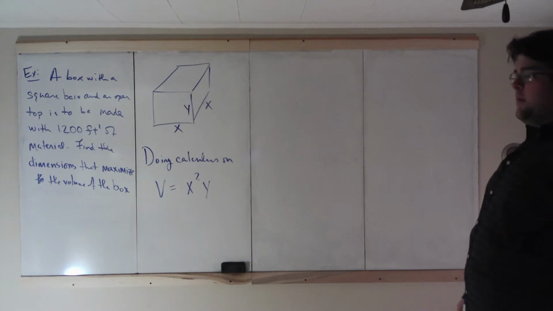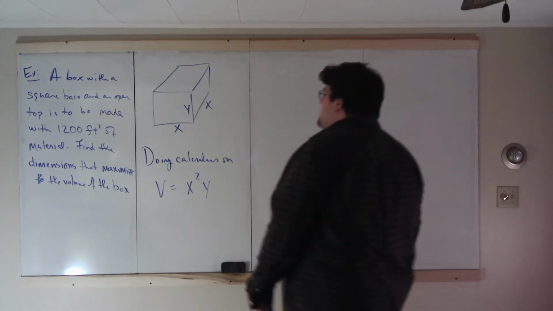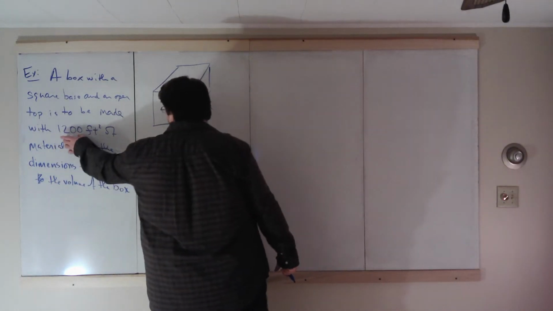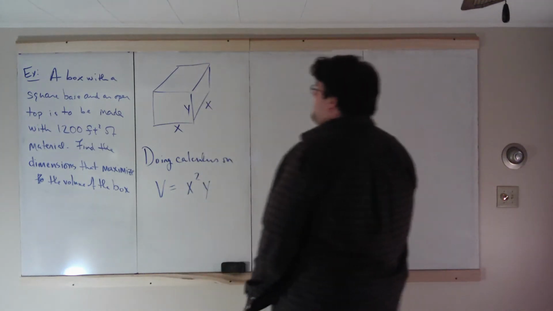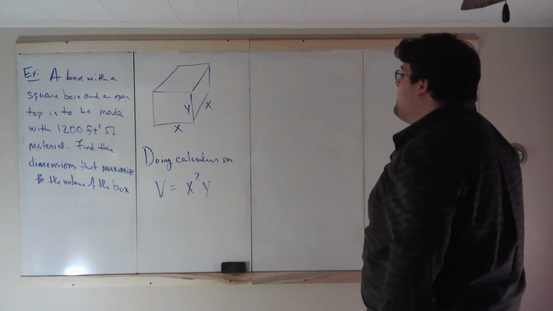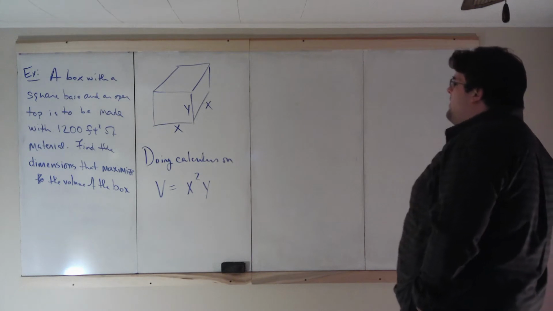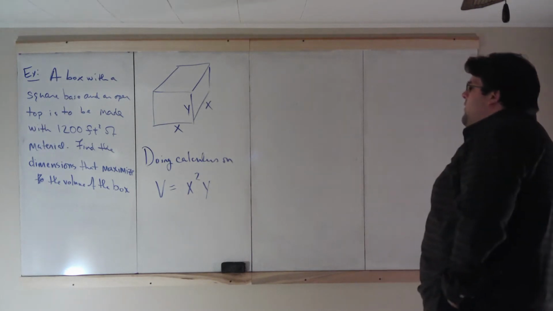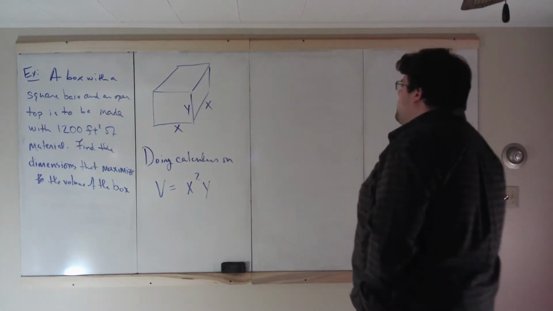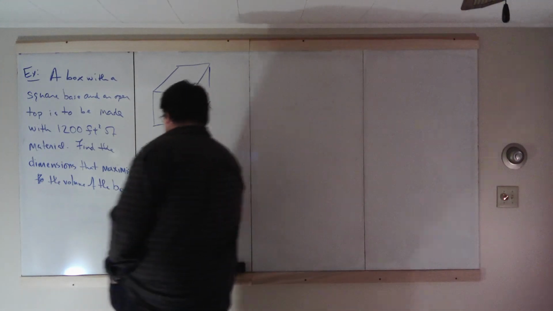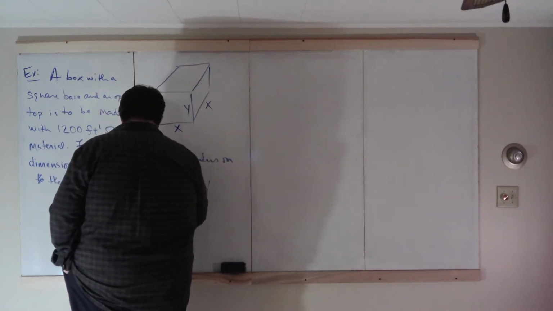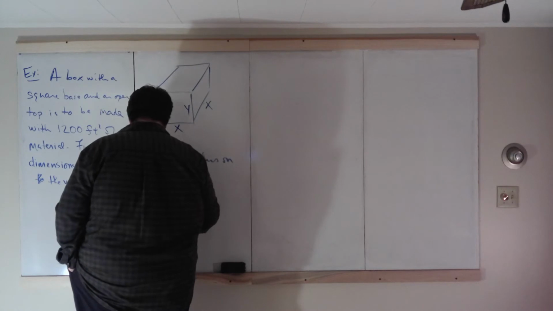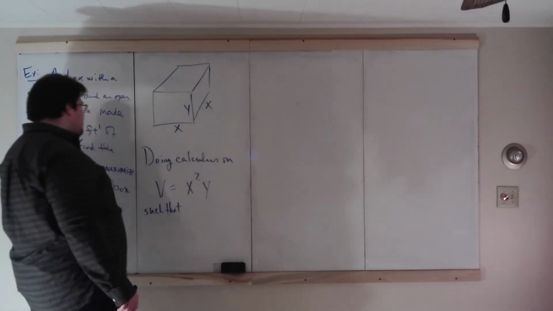So we'd like to eliminate one of those variables. Well, we can because we have other information. It tells us the box is to be made with 1,200 square feet of material. Well, that means the surface area is 1,200 square feet. What's the surface area of this box? So I'm going to write other words here.